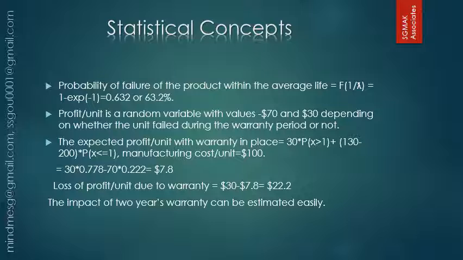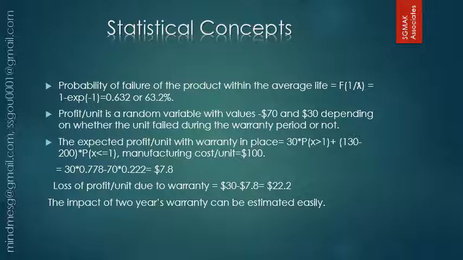The expected value does a weighted average. We multiply each profit by its corresponding probability, and you get a weighted average, weighted by the corresponding probabilities, and that comes out to be $7.80.